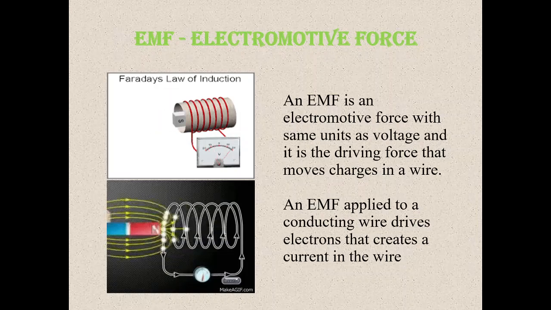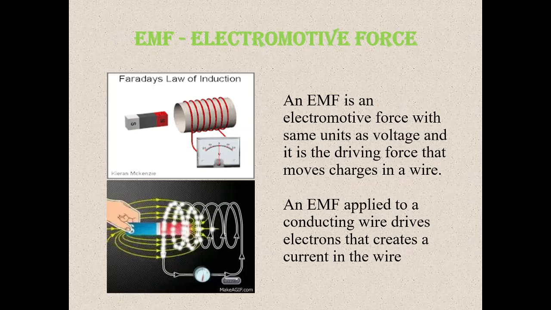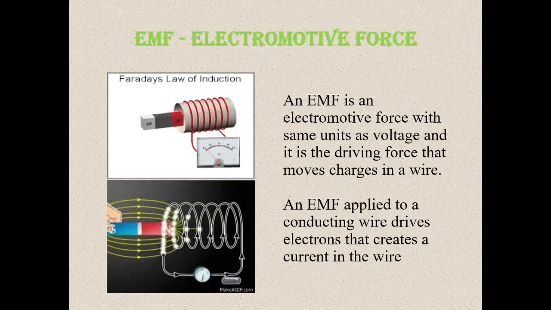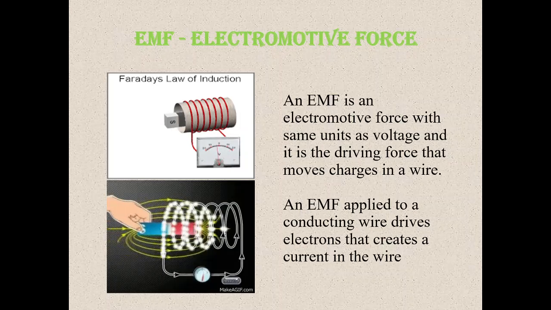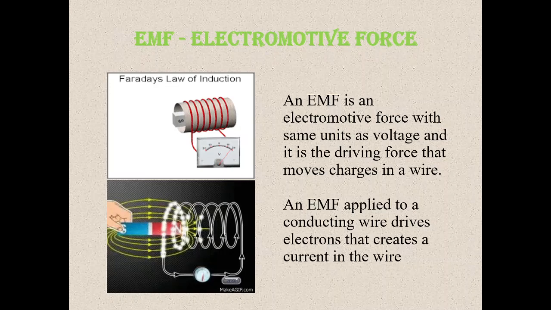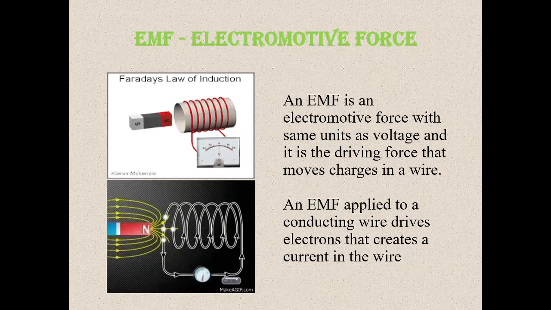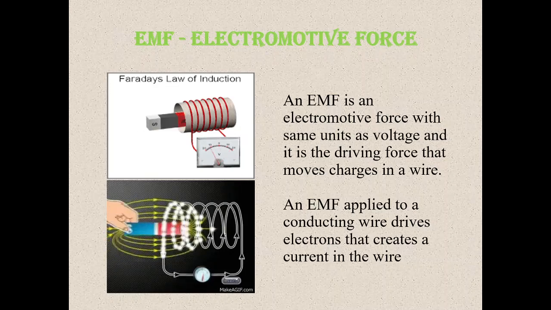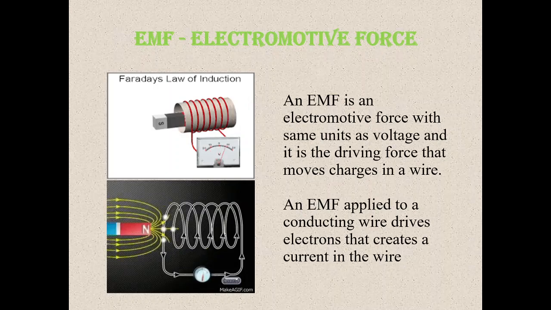In this image, a wire is coiled, and a magnet is introduced in this coil. And we observe in the voltmeter, as the magnet moves towards the coil, the voltage increases, whereas when the magnet moves away from the coil, the voltage decreases.